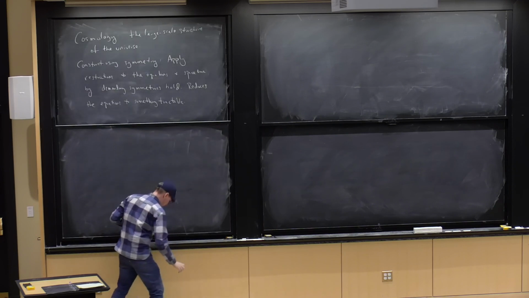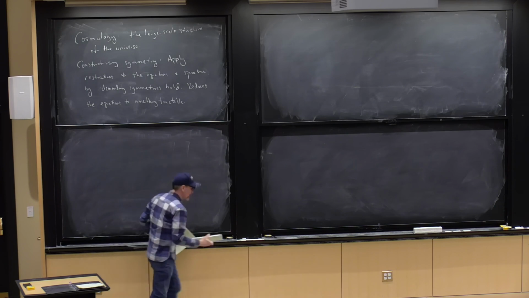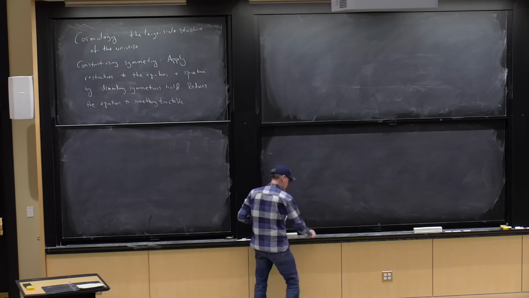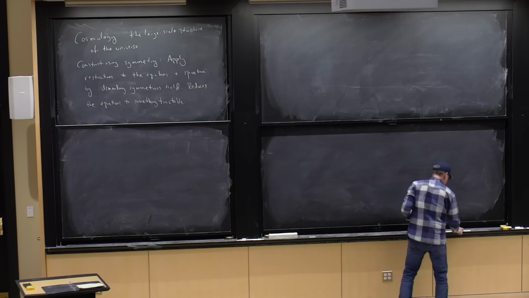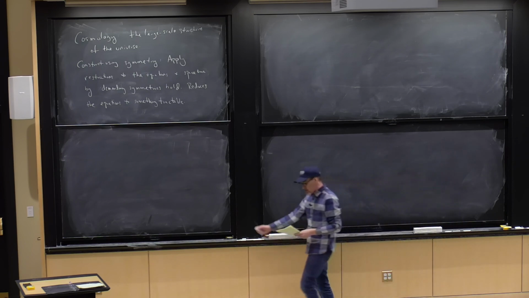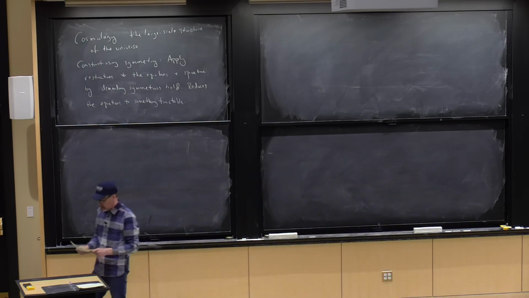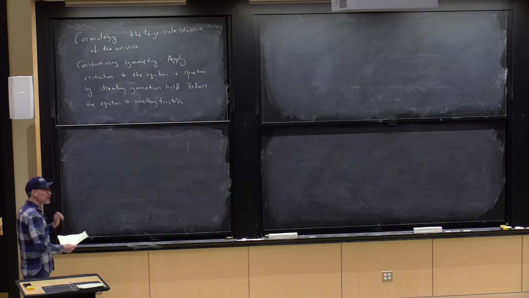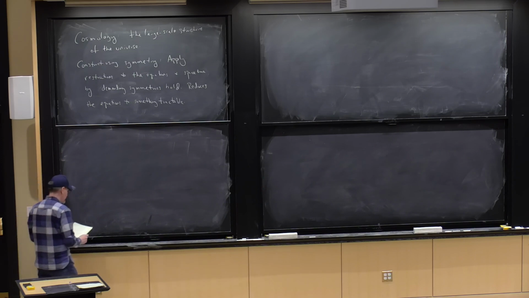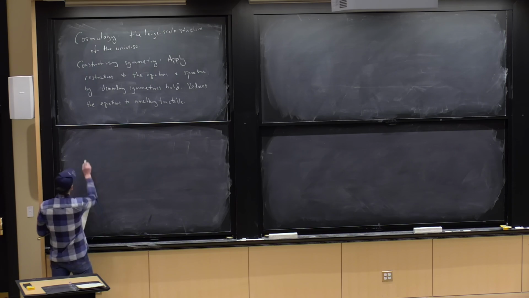So let me give a little bit of background to this discussion. Let me get some better chalk too. As background, I'm going to give a little bit of a synopsis of some stuff that is described very nicely in the textbook by Carroll.